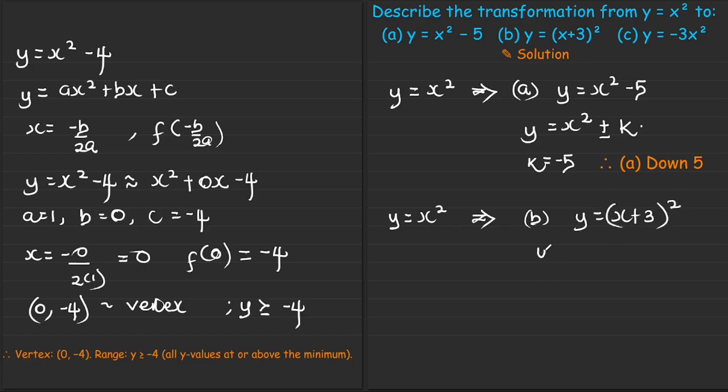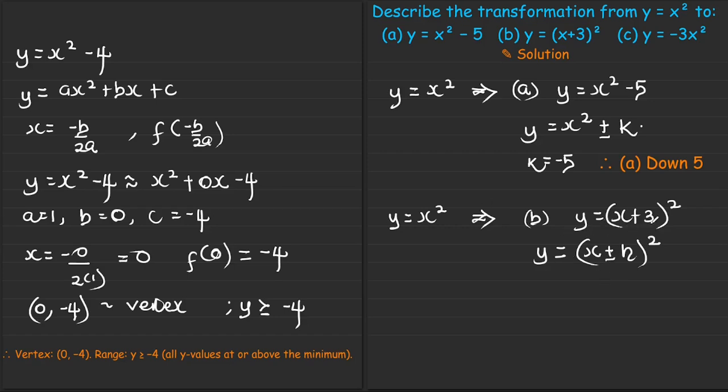So remember the transformation we did earlier on. We said if y equals x plus or minus h all squared, where if it is plus h, then it is moving to the left. If it is minus h, then it's moving to the right. And I said this shouldn't confuse you. It's just the opposite of the number line.